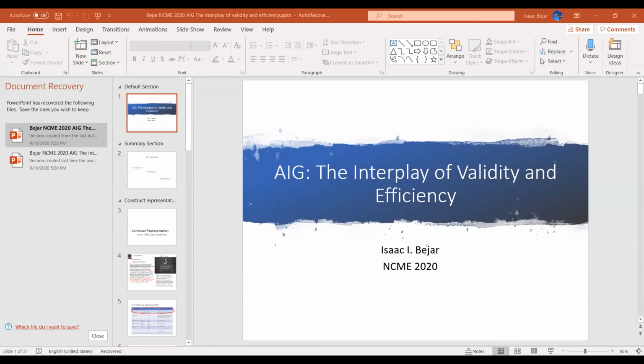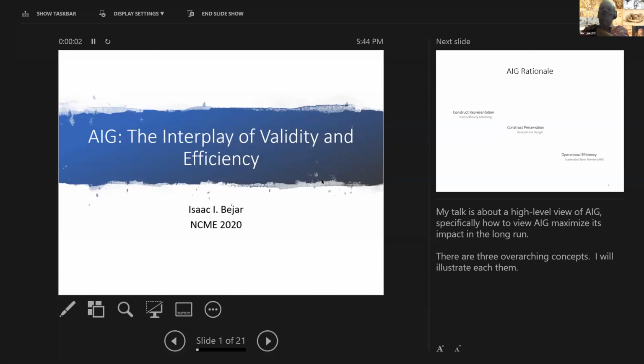Is my screen visible? Yep. It is? Okay, well, go ahead then. Yeah, it's working. Okay, very briefly, because we're running late here.